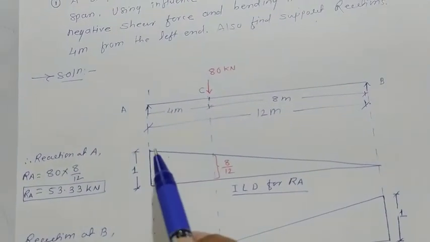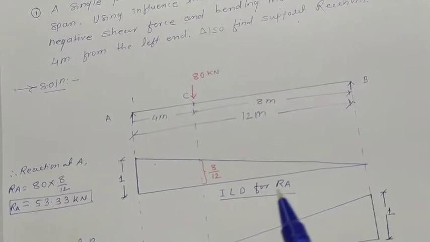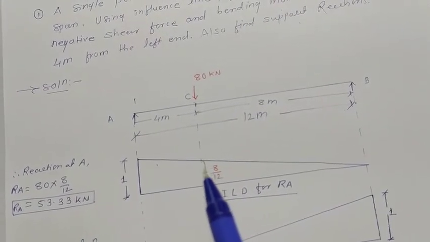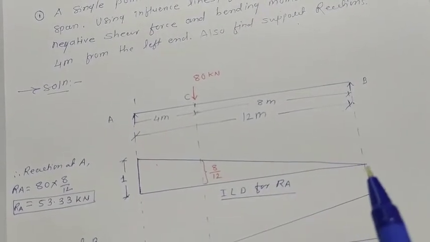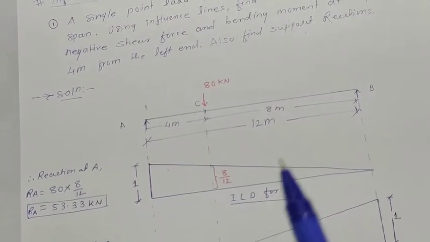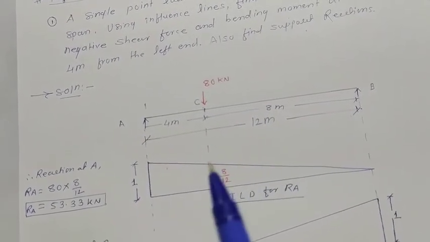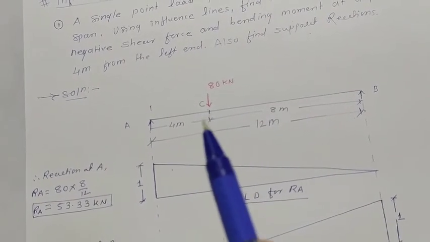So this ordinate becomes 1 and this becomes 0. This is the ILD for RA. We can find the ordinate at point C: point C is at 8 meter, total span is 12, so 8 by 12 is my vertical ordinate at point C.